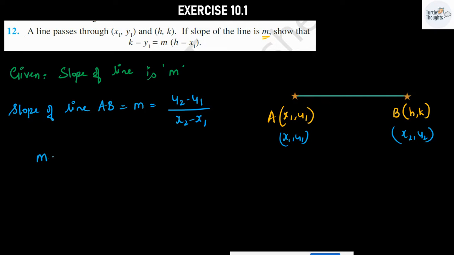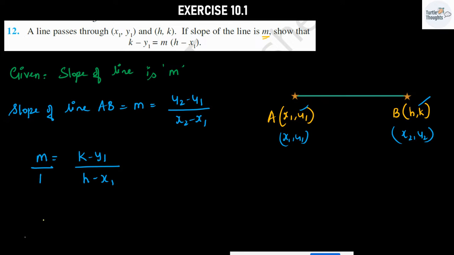So I will continue writing m is equal to y2 minus y1, which is nothing but k minus y1, divided by x2 minus x1, x2 is h, minus x1, which is x1 itself, right? Now I can write m as m divided by 1. Any number can be written as divided by 1, it does not change the value of the number.